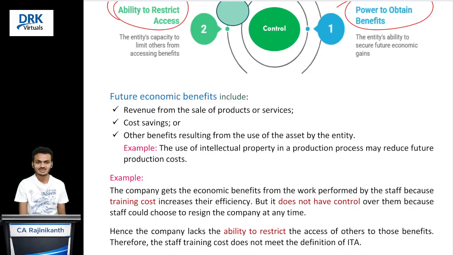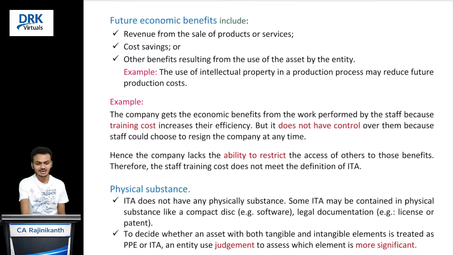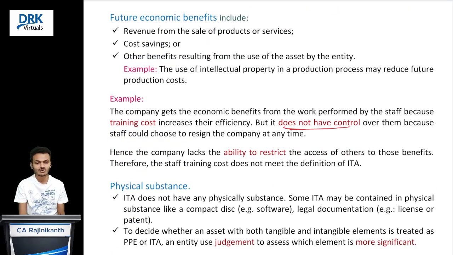We should not. Why? Because we do not have control over those employees. Employees can resign. Employees can choose other employers, correct? On the other hand, we don't have the ability to restrict other employers from hiring them, correct? So we can say that staff training cost is not an asset.